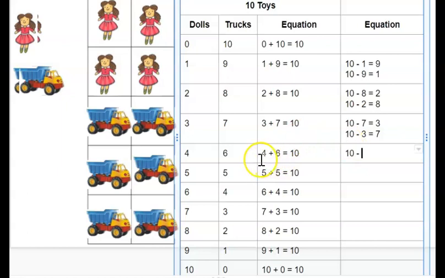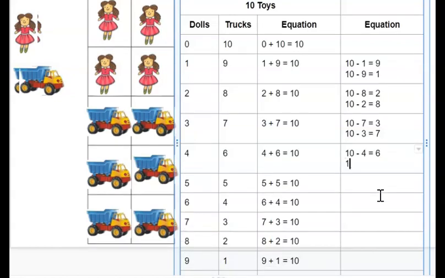And I'm going to pick one of these add-ins. So if I subtract 4, what does the 4 represent in this picture? That's right, it represents the dolls. Then I would be left with 6. Because if I know 4 plus 6 equals 10, I know 10 minus 4 equals 6. I also know that 10 minus 6 would equal 4.